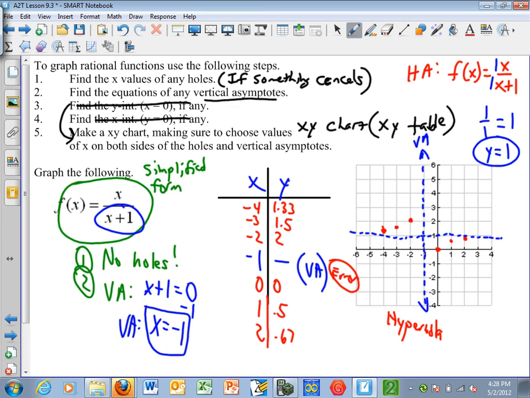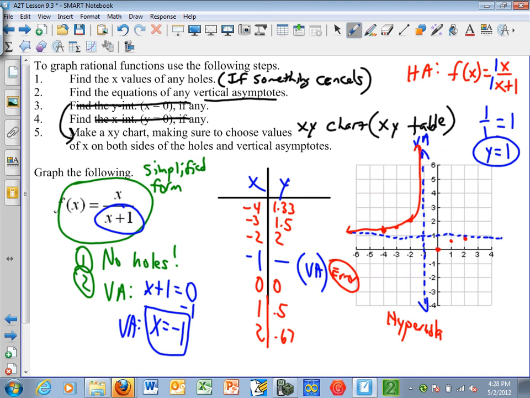What this means is that graph is going to look like this. We're going to come up here, and it's going to get very close to my vertical asymptote and keep getting closer, but never actually touch that as it keeps going up there. And then it's going to come down here, through this point, and keep getting closer and closer and closer to that horizontal, but never actually touch it. Same thing's going to happen on the other kind of kitty corner from it, or diagonally from it.